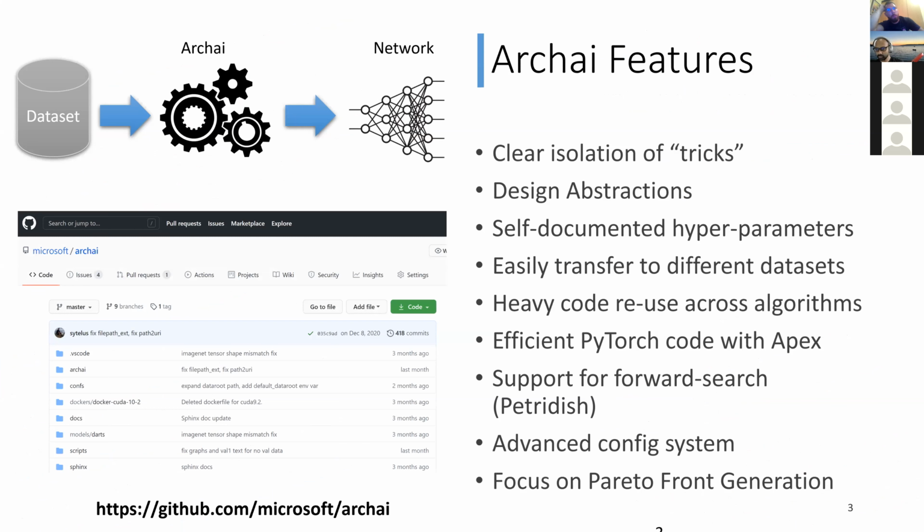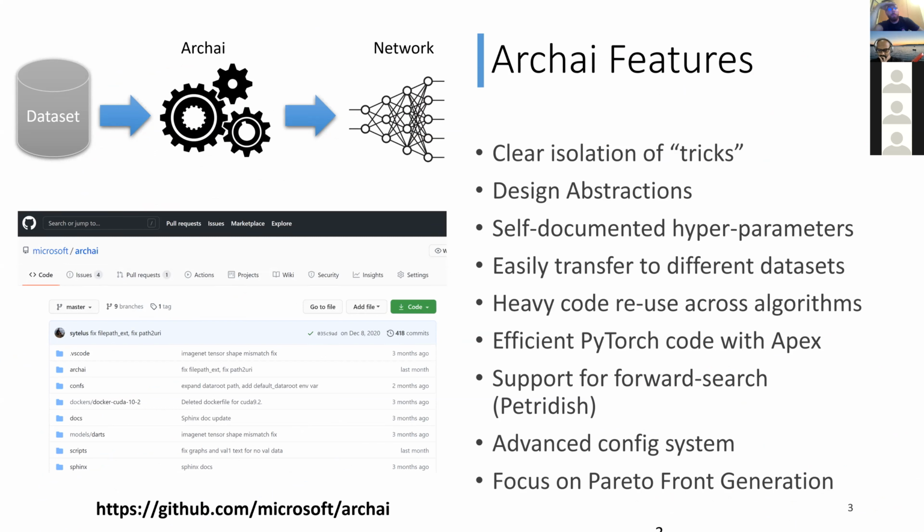So Archai is available on GitHub under the MIT license. Two core things in Archai: one is a clear isolation of tricks. If one algorithm is using all kinds of tricks like auto augmentation, then other algorithms should also be able to use them to get on the same footing. Another most important feature that we consider is design abstraction.